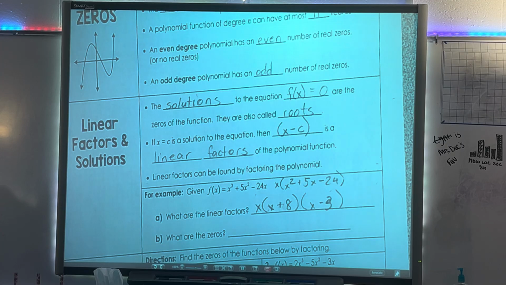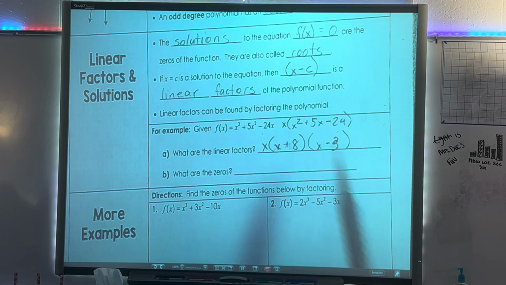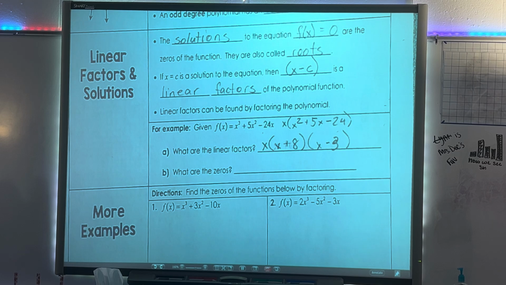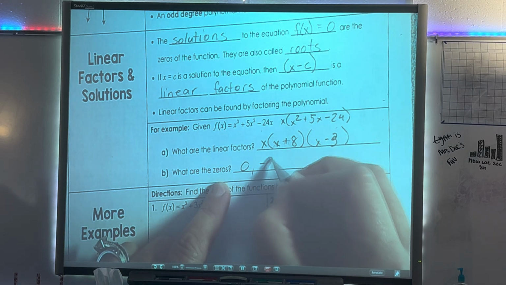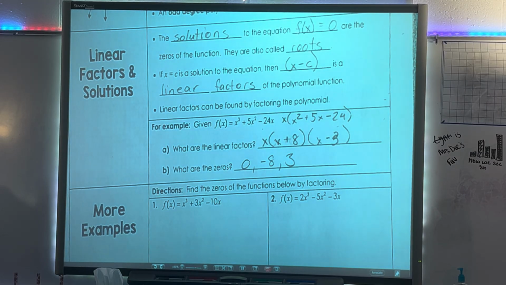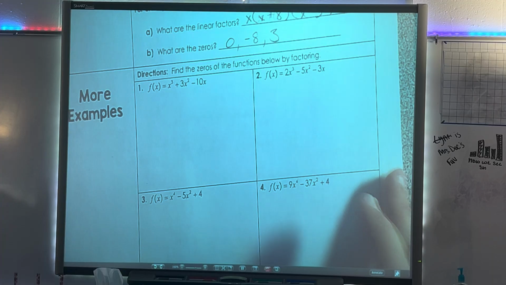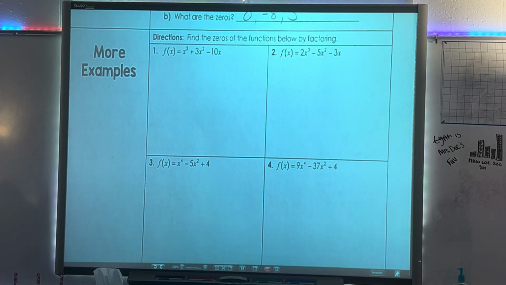So these three things would be your linear factors. Y'all remember that from algebra 2? Okay, and then of course it asks for the zeros, so this one would be 0, that one would be negative 8, and this one would be 3. Okay, alright, so I'm not going to work very many of these just because y'all know how to factor.